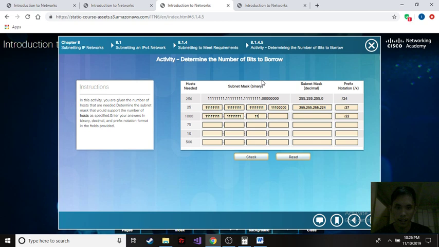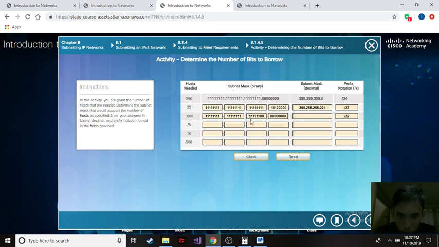And then after that, we are going to convert it to subnet mask decimal. So we will just compute this part, and we all know that this part will be 0. So this is the important part here. So we're just going to compute it.